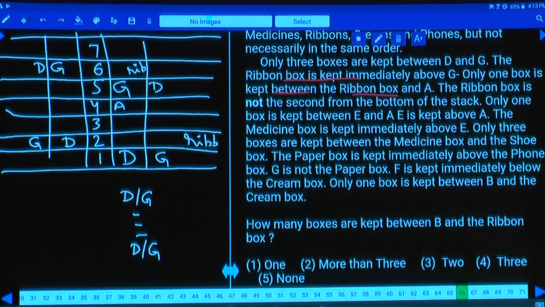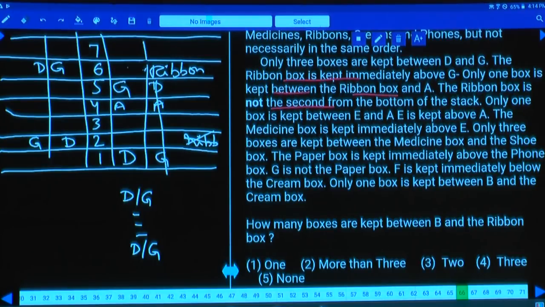In this case A will be here, and in this case A will be here. The ribbon box is not the second from the bottom. As the ribbon is not the second from the bottom, this case is completely ruled out, isn't it? That means G at this place is completely ruled out. As G at this place is completely ruled out, then this must be ribbon, isn't it? And this is ribbon. Then what is the other possibility here?